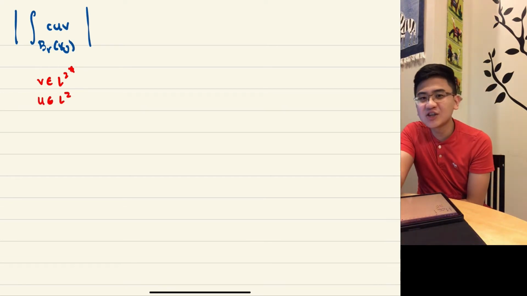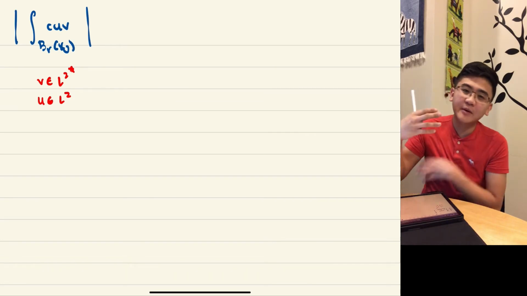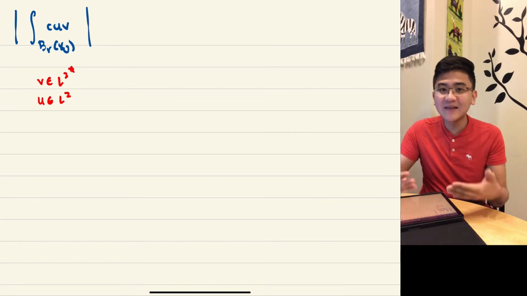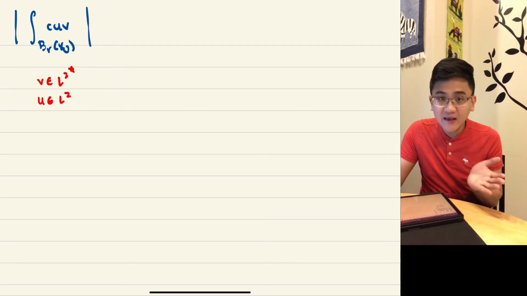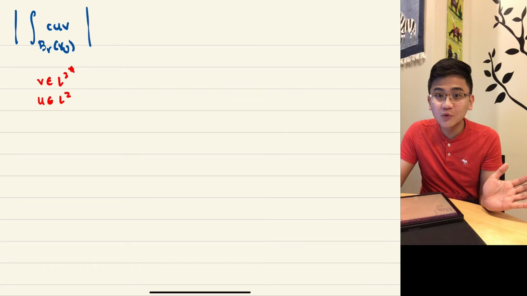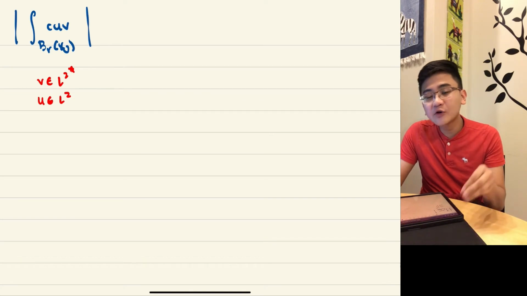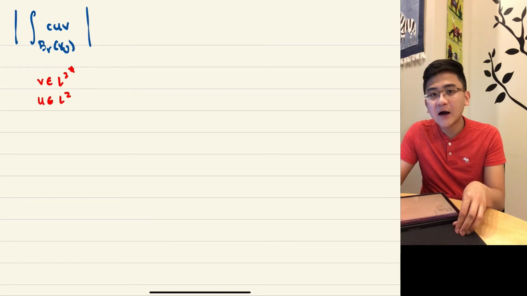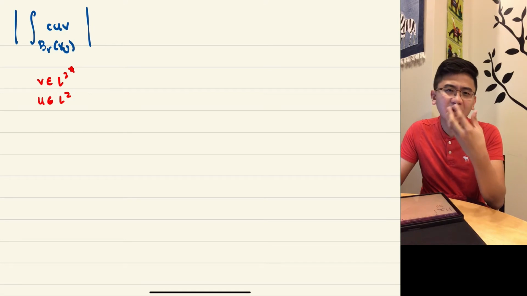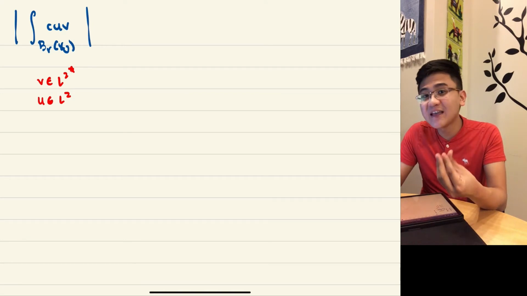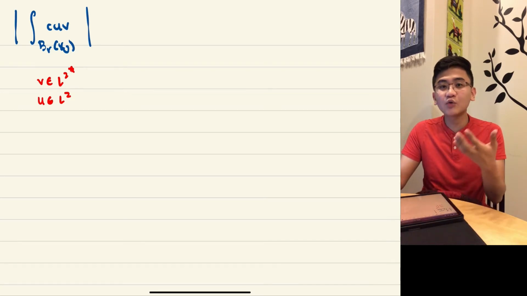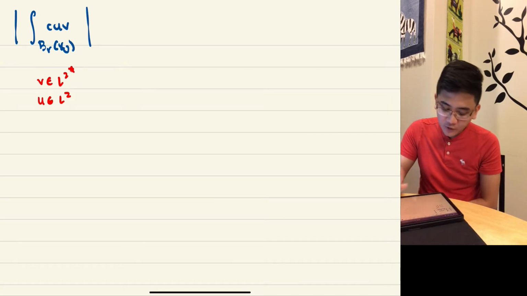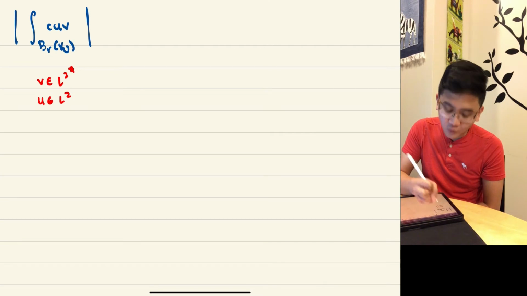Note that U is in H1, so by Sobolev embeddings, remember from our preliminary video, Sobolev spaces give you better integrability. But in this case, we just want it to be in L2, because later on in our estimates we are going to estimate things in terms of the H1 norm of U, which is a combination of the L2 norm of U and grad U. So we want the L2 norm of U to appear.